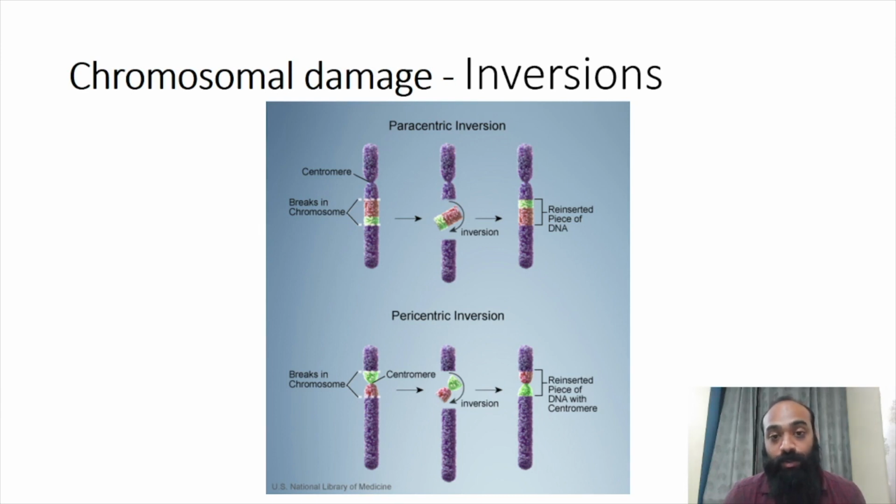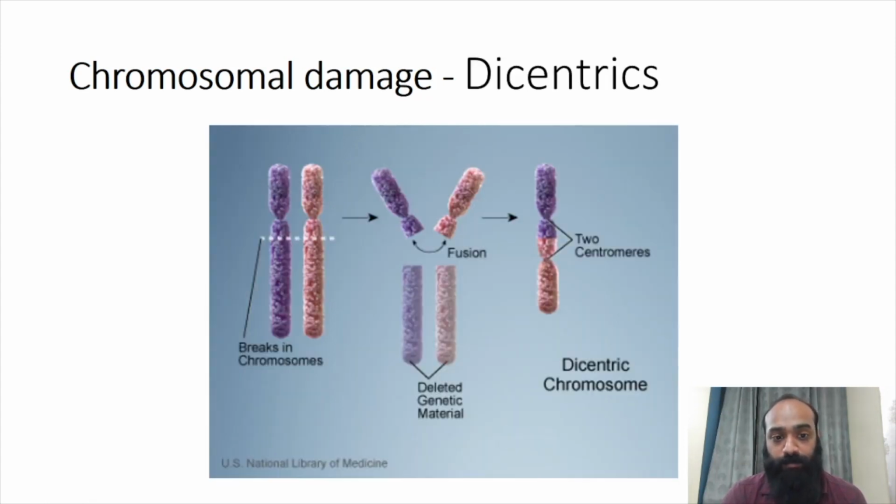So as a result, it would not be transcribed into its mRNA, and that mRNA would probably never be translated into a protein. There are chemicals which can do this. So these are the paracentric inversions and the pericentric inversions.